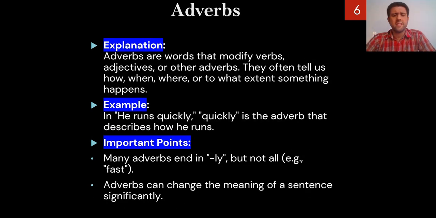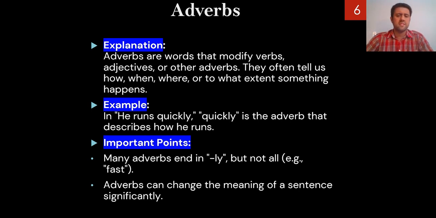The next one is adverbs. Adverbs are words that modify verbs, adjectives, or other adverbs. They often tell us how, when, where, or to what extent something happened. As an example, in the sentence "he runs quickly," quickly is the adverb that describes how he runs.